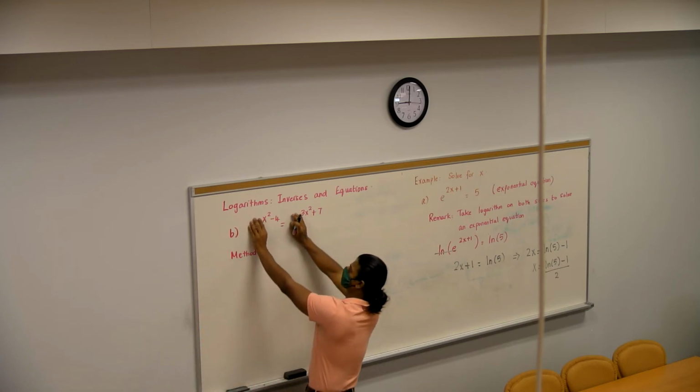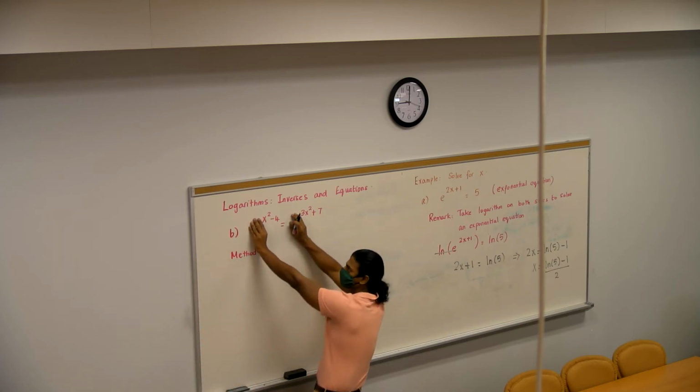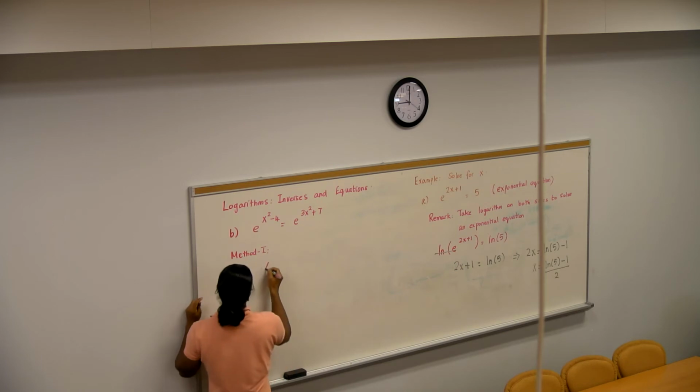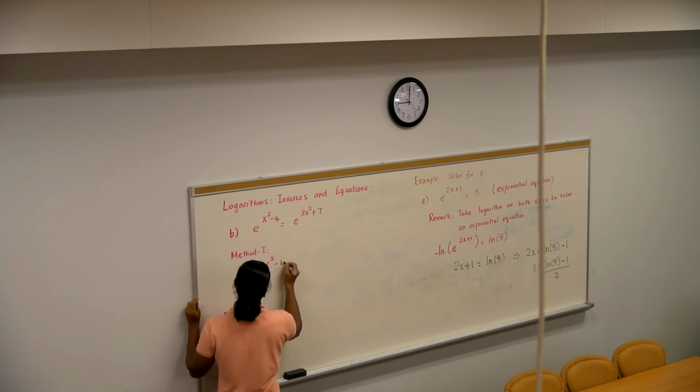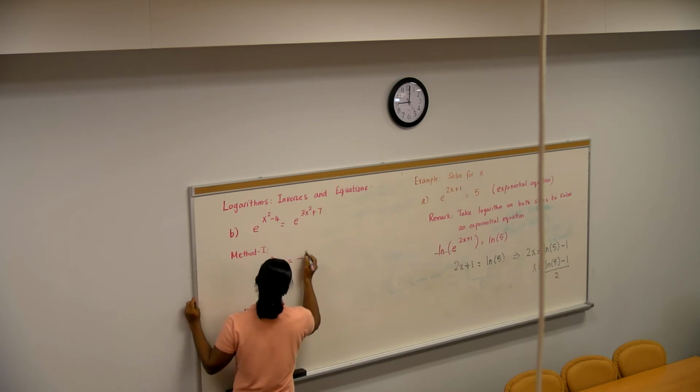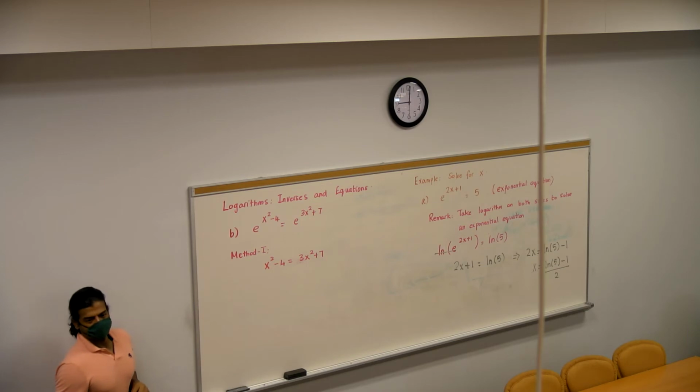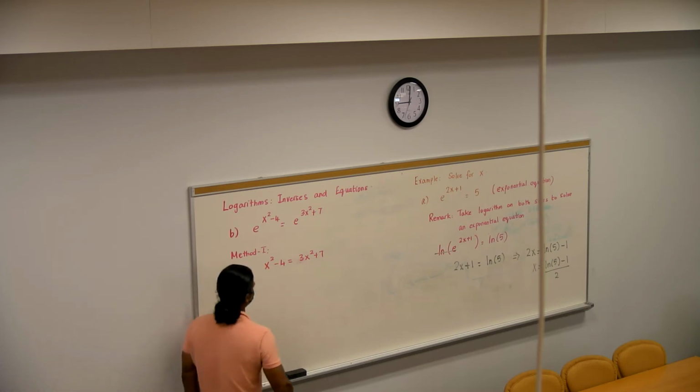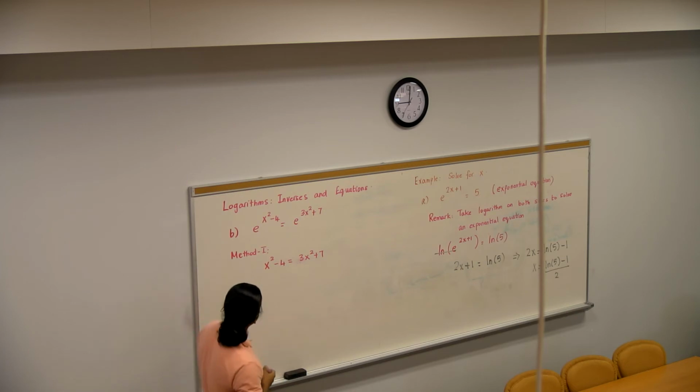Since the bases are the same, I can set the powers equal to each other. So x squared minus 4 would equal 3x squared plus 7. Move the x squared terms to one side, numbers to the other side.